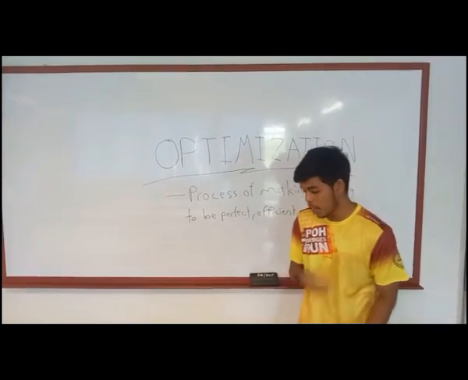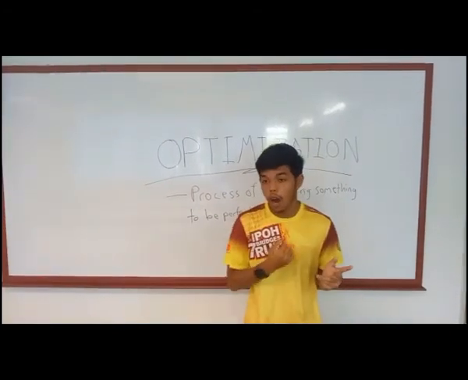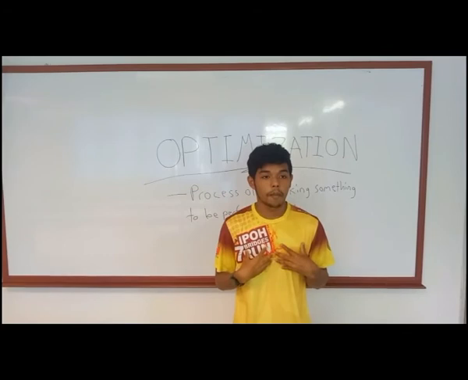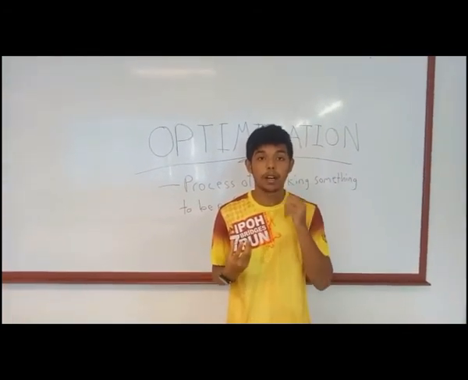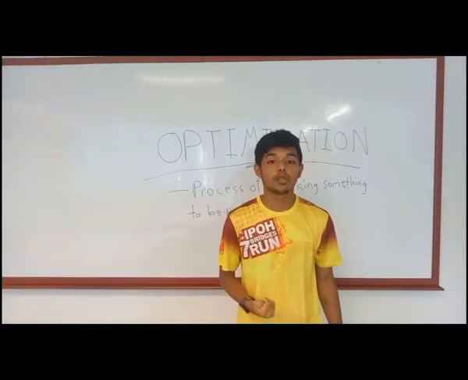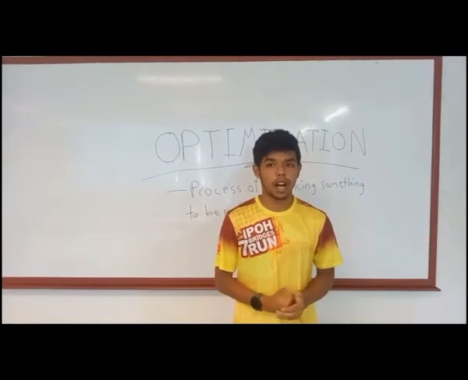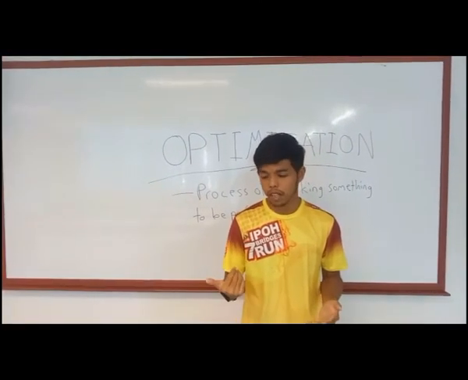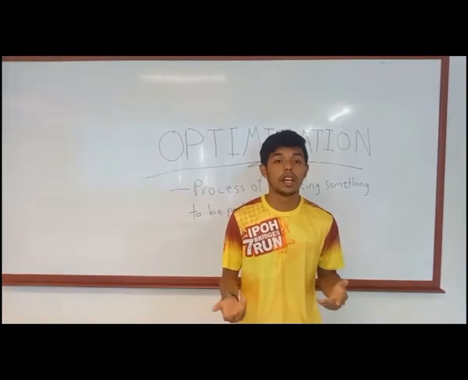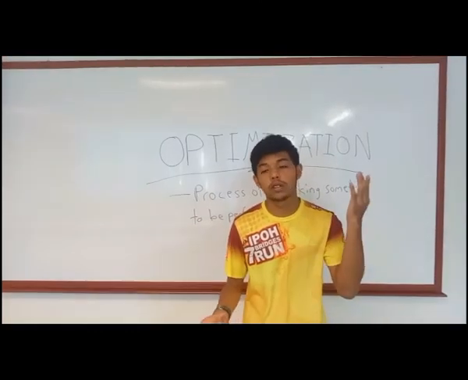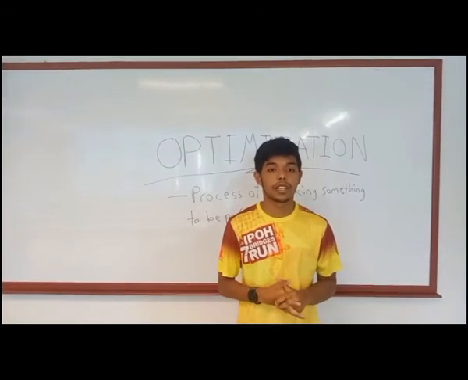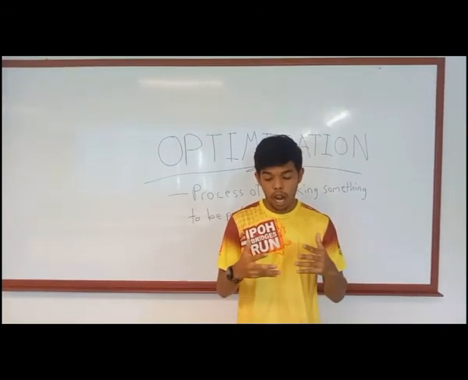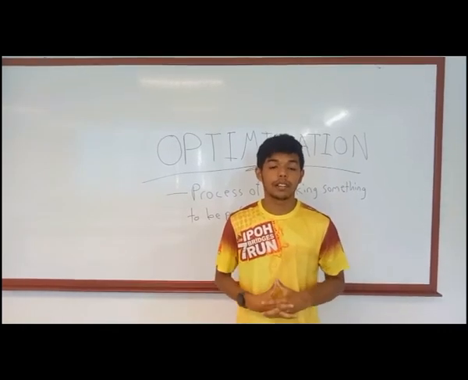For example, in biomechanics, in order to optimize performance, we must make maximal use of our biomechanical knowledge, like the angular velocity, the joint angle when we are throwing, and also the displacement and acceleration when we perform. By doing that, it will enhance our performance.